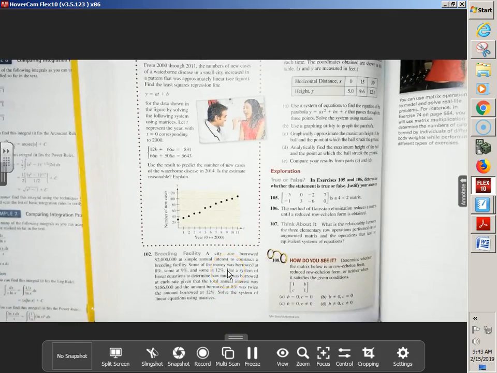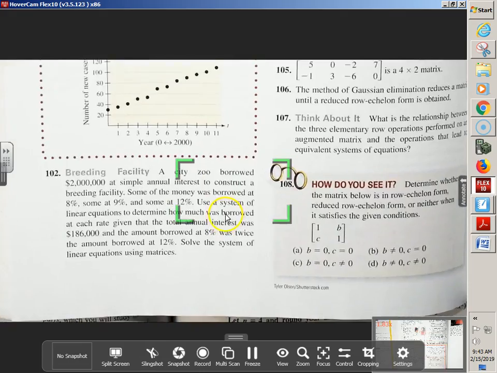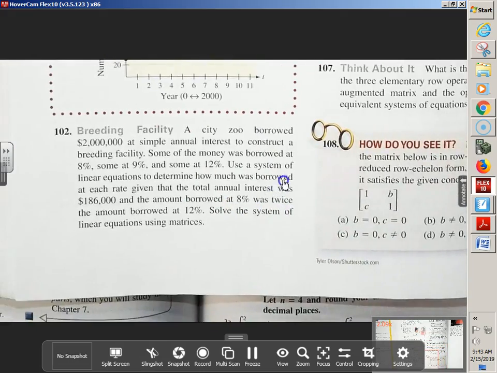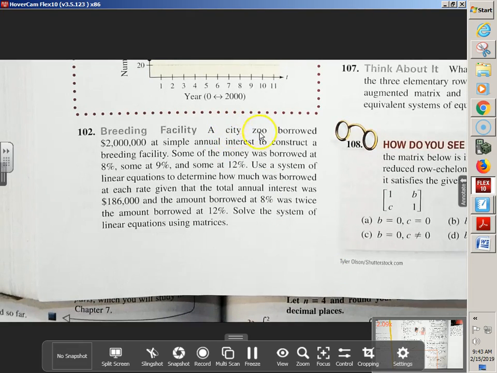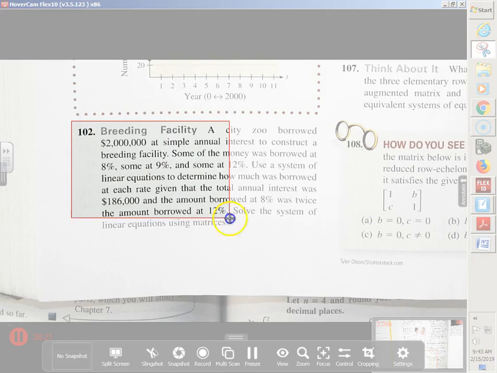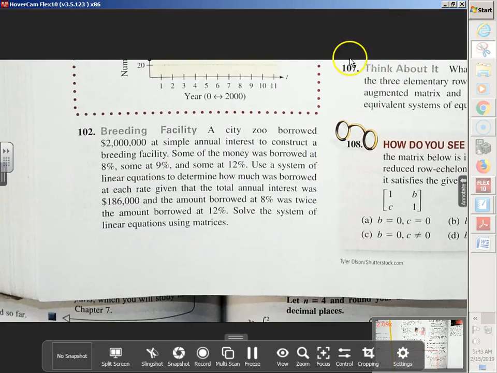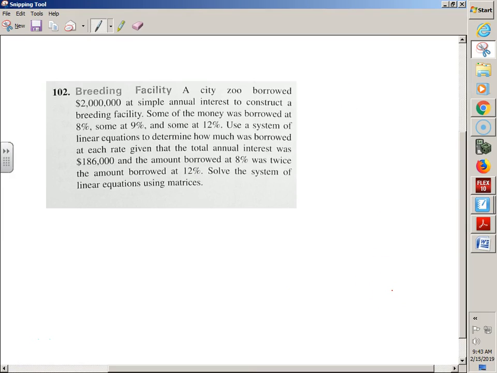Doesn't number 102 look a lot like section 7.6, when we had to translate a problem in order to do constraints? A city zoo borrowed $2 million at a simple annual interest. There's a paragraph of information. What are we going to do with said information? Make a system.